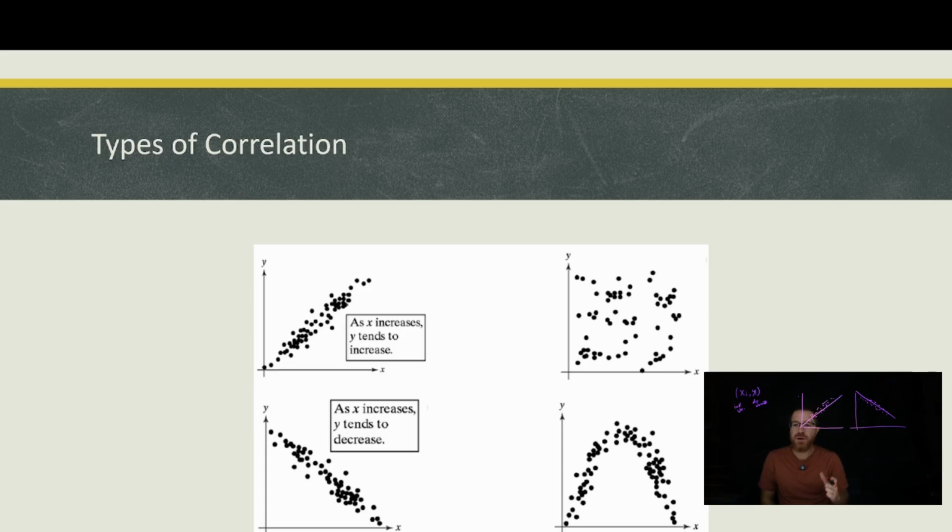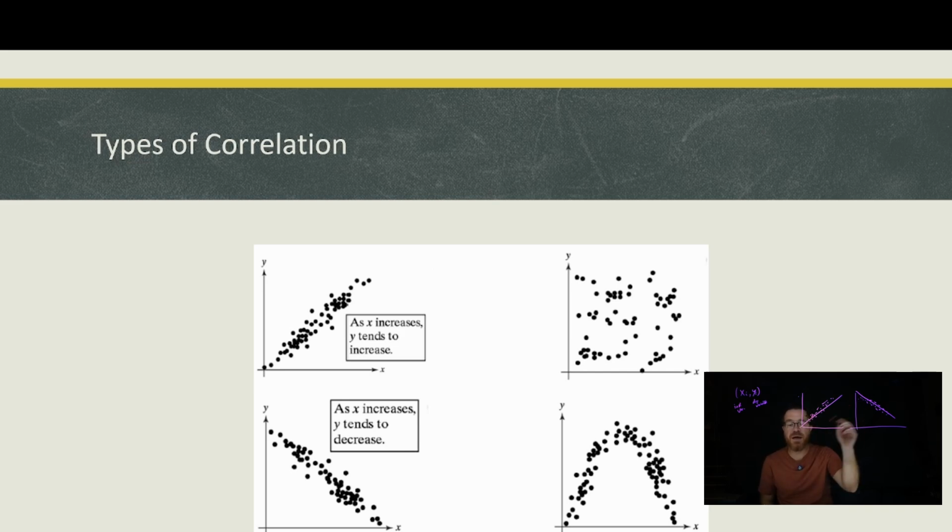Now let's look at the last one at the bottom right. You'll see that the dots do seem to have some sort of pattern, some sort of relationship. As x changes, y changes. But in this case, it would have a low correlation because correlation is specifically looking for a linear relationship, meaning using a line.